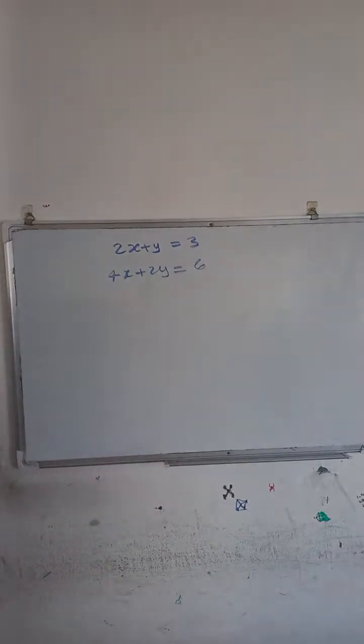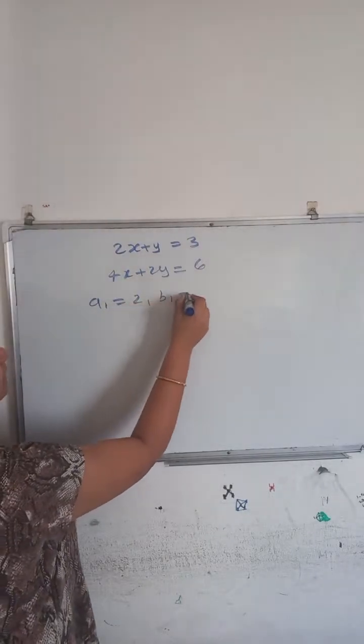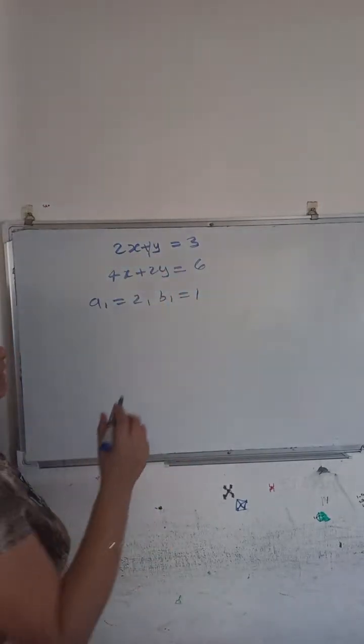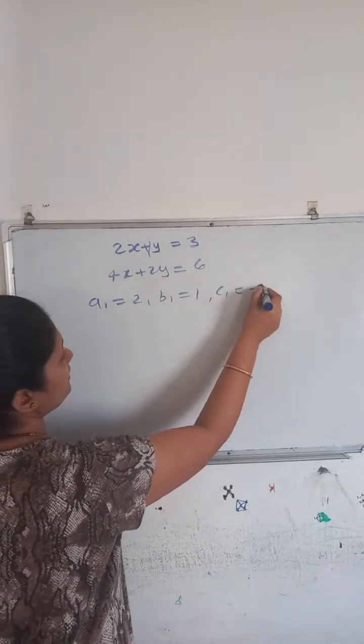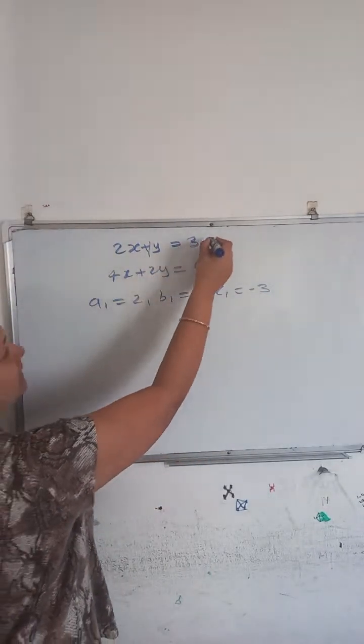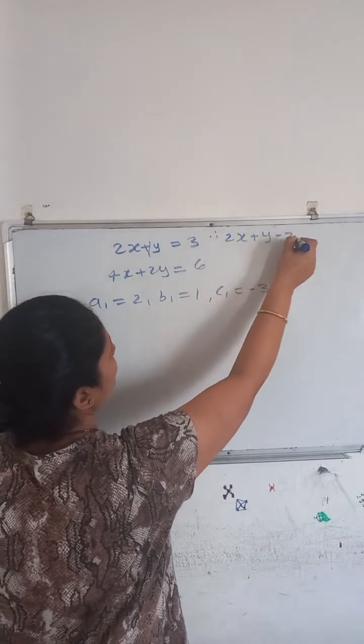So a1 is 2, b1 is 1 because the coefficient of y is 1, and c1 is minus 3, because if we take it to this side we can write 2x plus y minus 3 is equal to 0.